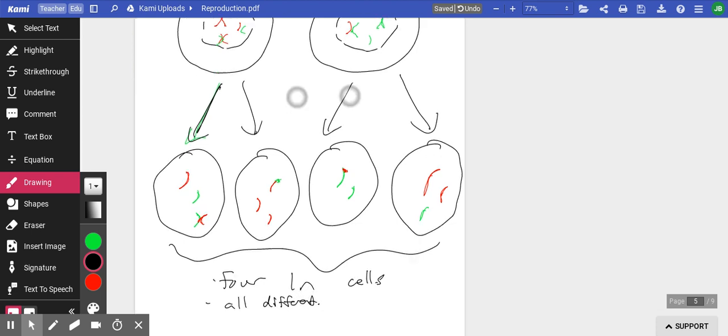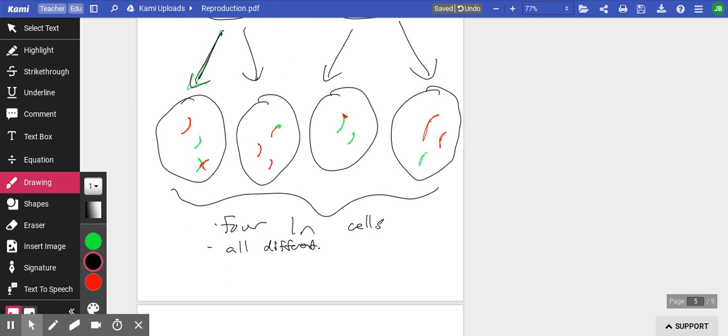These cells are going to go on to become sperm or egg. And when they fertilize, this is going to increase variation because you have no idea which one of these will combine. So this explains why siblings will all look different from each other unless they are identical twins. So that about wraps up meiosis.